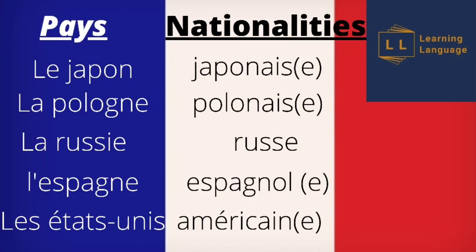La Pologne, Polonais, Polonaise. La Russie, Russe, and Russe is the same for masculine and feminine. There's no need to add an extra E to it. Then we have l'Espagne, Espagnol, Espagnole. Les États-Unis, Américain, American. So that was all about nationalities.